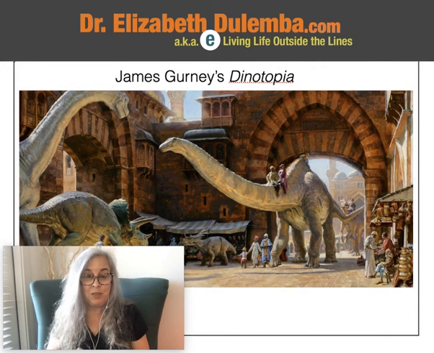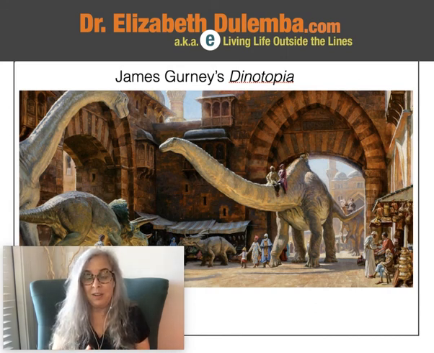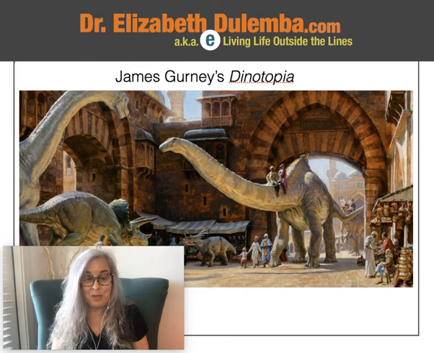Now James Gurney did a really interesting job with this contrast and this theory that I'm talking about in Dinotopia. If you look at this dinosaur that's right in the middle of the image, he's got two tricks going on. So first of all, the head of that dinosaur is very light against a very dark background. In fact, that dark background is so big, it's kind of creating that window that Hendricks created.